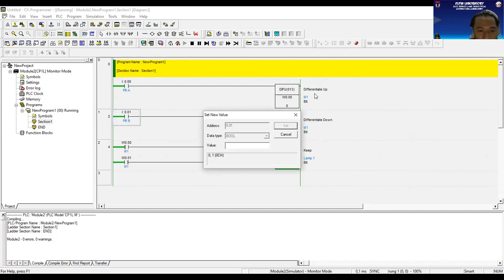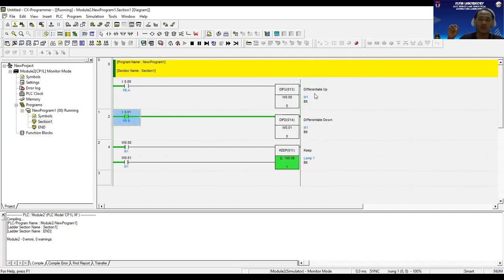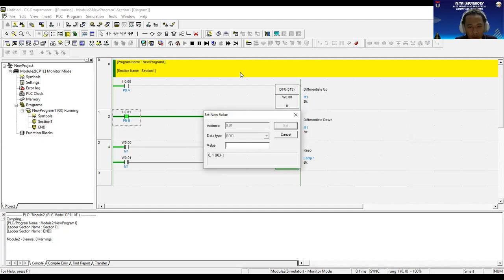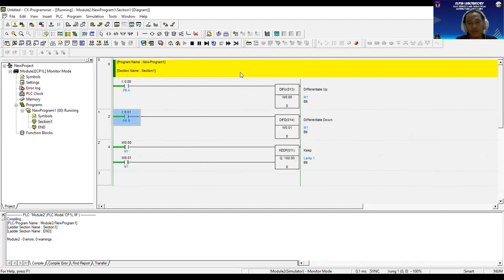If we check, when the condition moves from 0 to 1, it does not change the condition from KEEP, because DIFU only gives a one-cycle signal. When we want to move from 1 to 0, we can do this, so KEEP will be reset to the first condition.